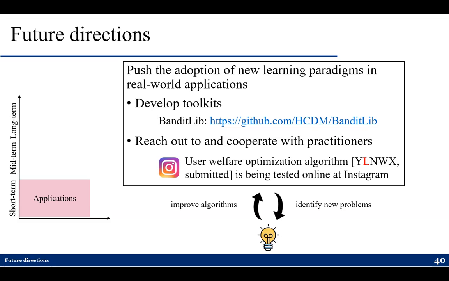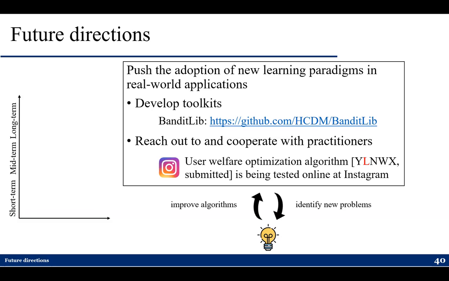I think a short-term future direction of my research is to push the adoption of my new learning paradigms in real-world applications, since that's the main contribution we are making in our lab. To do so, we have been actively developing toolkits of those federated bandit algorithms in this open source project. We also have been collaborating with the industry, with Instagram specifically.